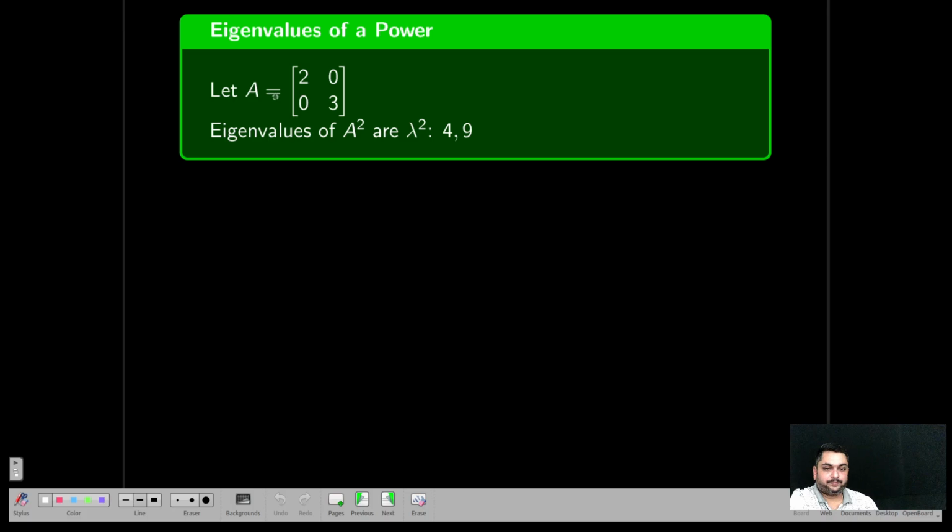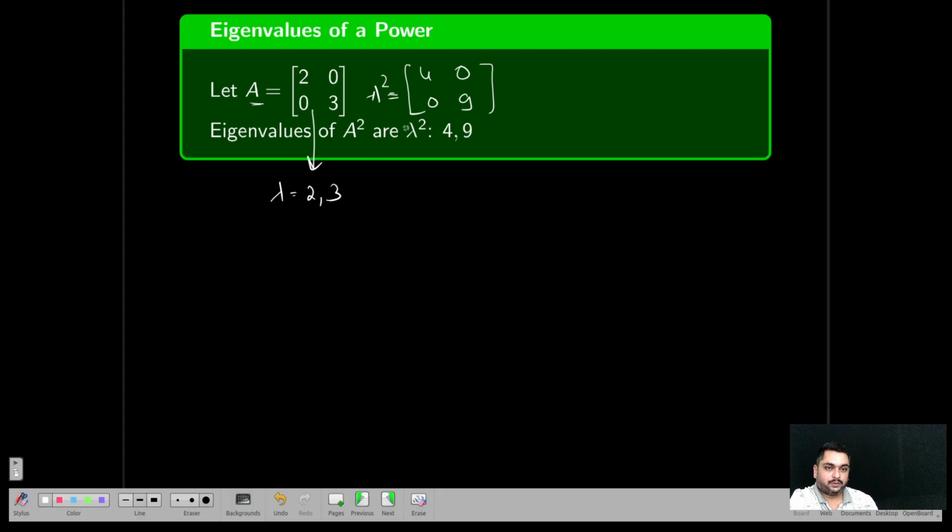Eigenvalues of power. So if I square this matrix, for example, A square will be 4 and 9. It's again a diagonal matrix, okay? So for a diagonal matrix, the eigenvalues are its principal diagonal elements. So here lambda is equal to 2, 3.